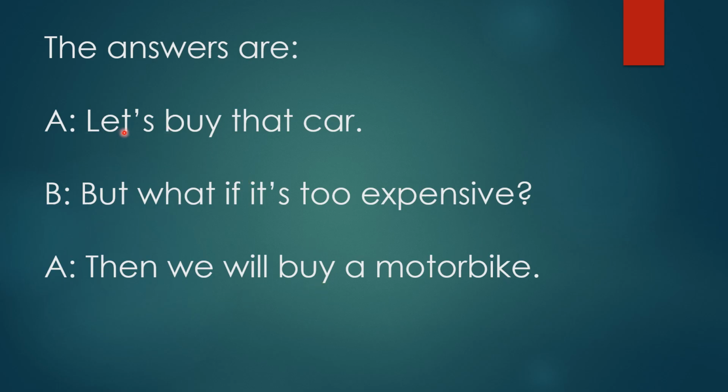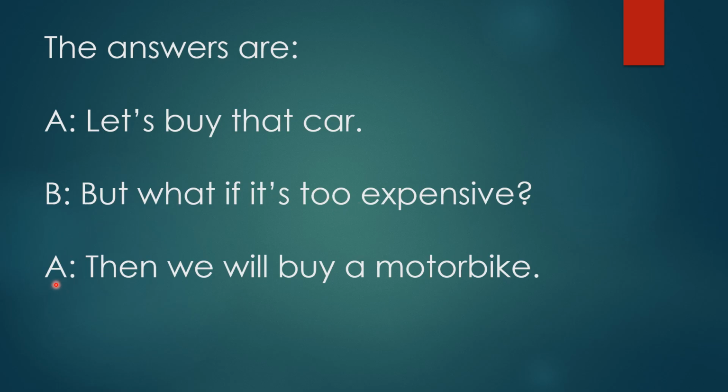So A is suggesting something: let's buy that car over there. But B is not sure about that. He thinks that car might be expensive. So he asks, but what if it's too expensive for us to buy?